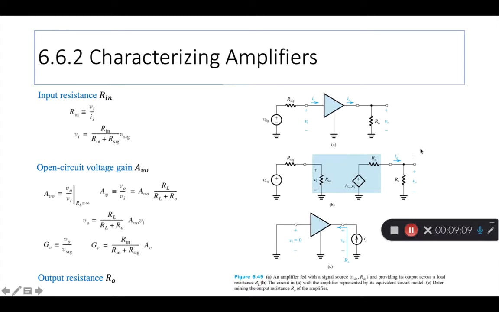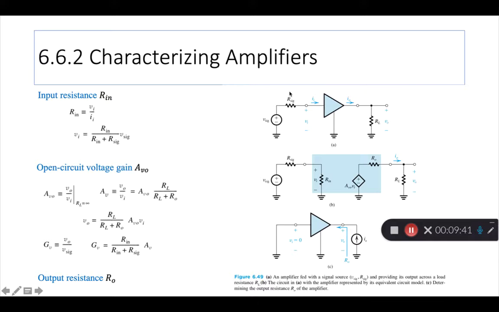So even before we discuss the CE, the CB, CC in detail, in the textbook in 6.6.2, he has introduced you to the ideas of input resistance Rin of an amplifier, the open circuit voltage gain, AVO, of an amplifier, and the output resistance RO of an amplifier. So any amplifier has these three important properties that you should understand.